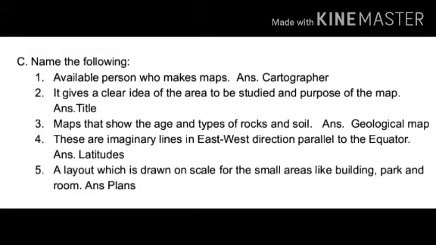Geological map. Fourth, these are imaginary lines in east to west direction parallel to the equator. Answer. Latitudes. Fifth, a layout which is drawn on scale for a small area like a building, park or room. Answer: plans.